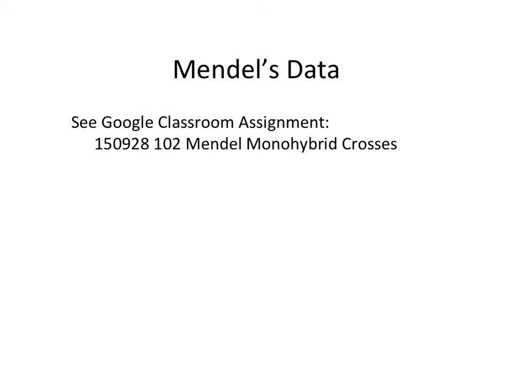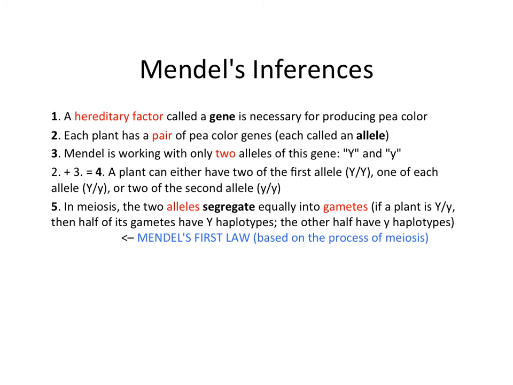Okay. So Mendel saw approximately 3 of one trait for every one individual that had a different trait. And based entirely on these values, the 3 to 1 ratio, 3 green to 1 yellow, 3 round to 1 wrinkled, he made a number of inferences. So this is slide 10 in the PDF, page 10.